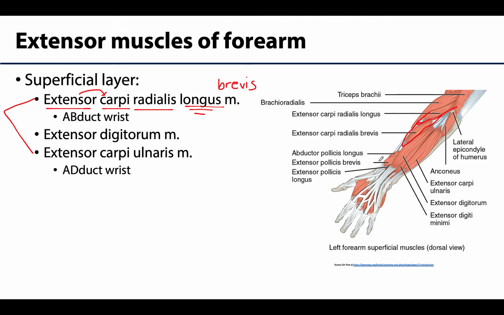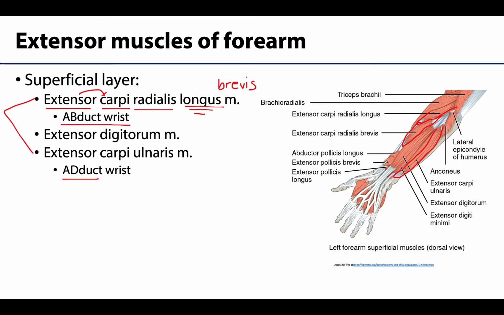And so this muscle, similar to what we had with the flexor carpi radialis, will abduct the wrist or radially deviate the wrist, whereas the extensor carpi ulnaris, which is fairly dominant here, will adduct the wrist or deviate in an ulnar direction.